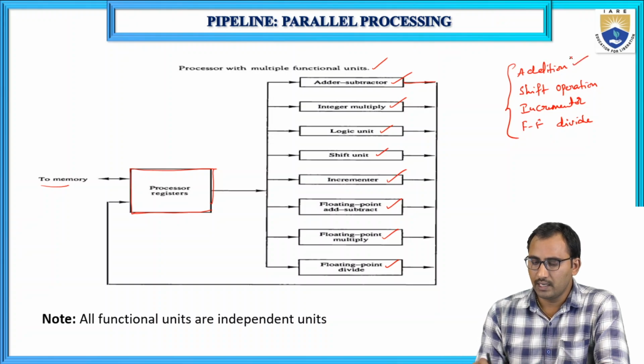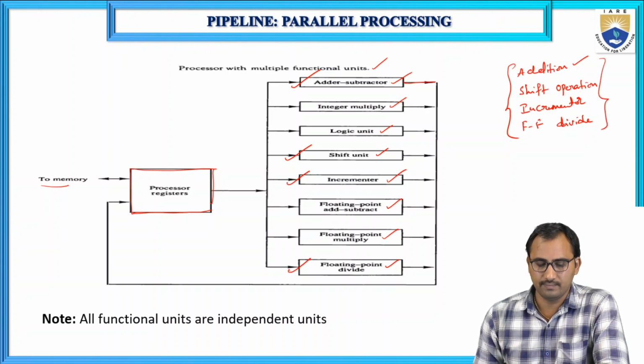For addition, the adder or subtractor unit should be operated. After that, shift operation, so the shift unit. Next, incrementer. Next, floating point division. So all these four units, corresponding to the addition, shift operation, incrementer, and floating point division, have to operate individually or concurrently, so that the required functionality can be achieved.